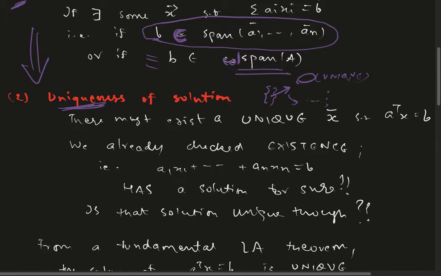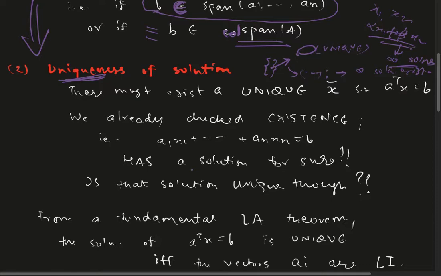And we can conclude that if multiple solutions exist, that implies that infinite solutions exist, because of the way linear combination works: if x1 is a solution and x2 is a solution, then alpha x1 plus beta x2 would also be a solution, and this gives us infinite solutions.